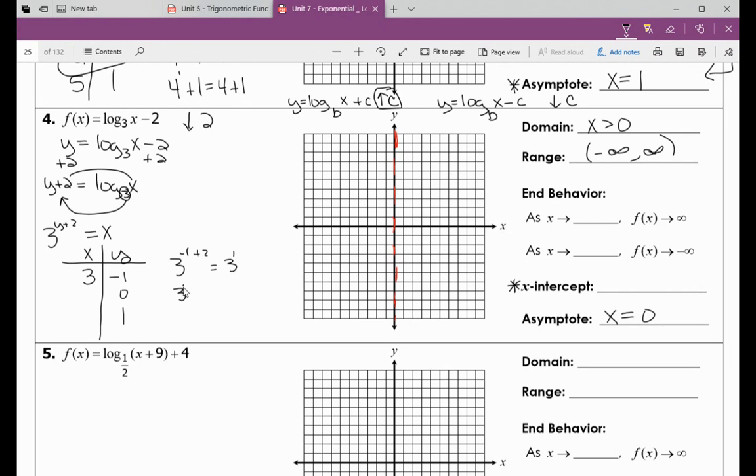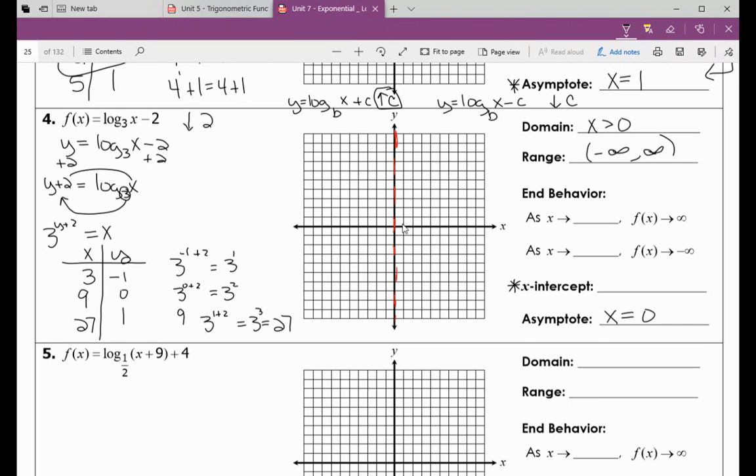Then I get 3 to the 0 plus 2 power, which is 3 squared, and that is 9. And then I get 3 to the 1 plus 2 power, which is 3 to the third, which is 27.